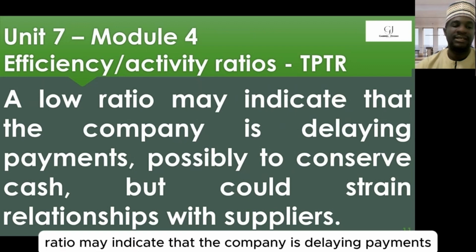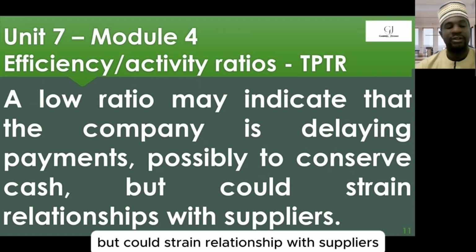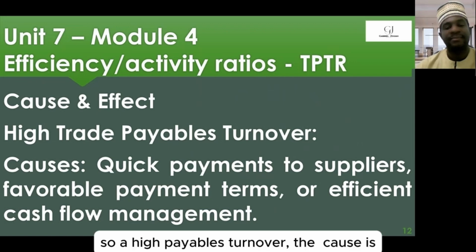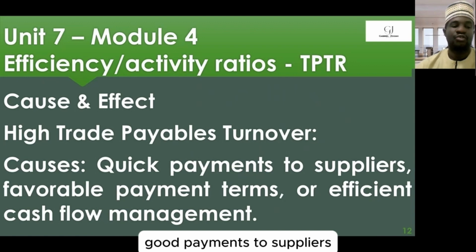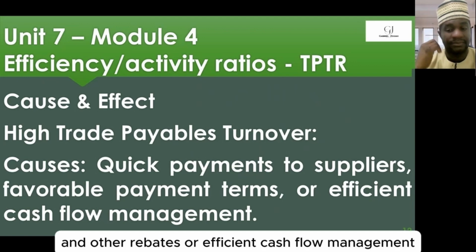While a low ratio may indicate that the company is delaying payments, possibly to conserve cash, it could strain relationships with suppliers. What is the cause and effect? So a high payables turnover causes quick payments to suppliers, favorable payment terms, discounts, and other rebates, or efficient cash flow management.